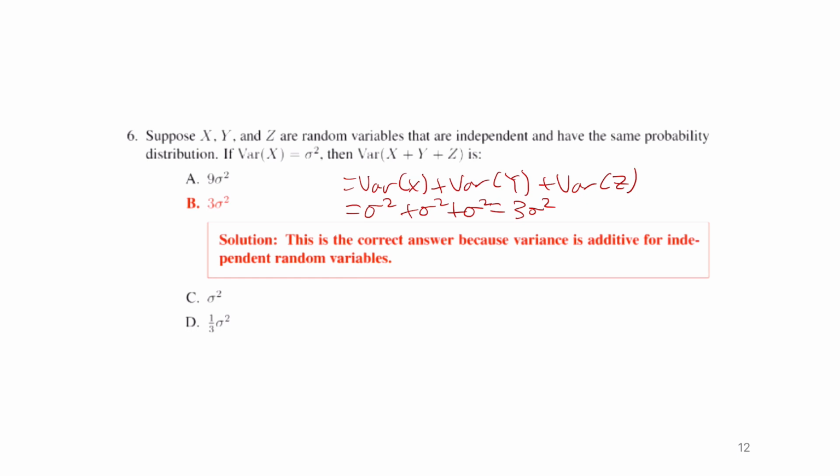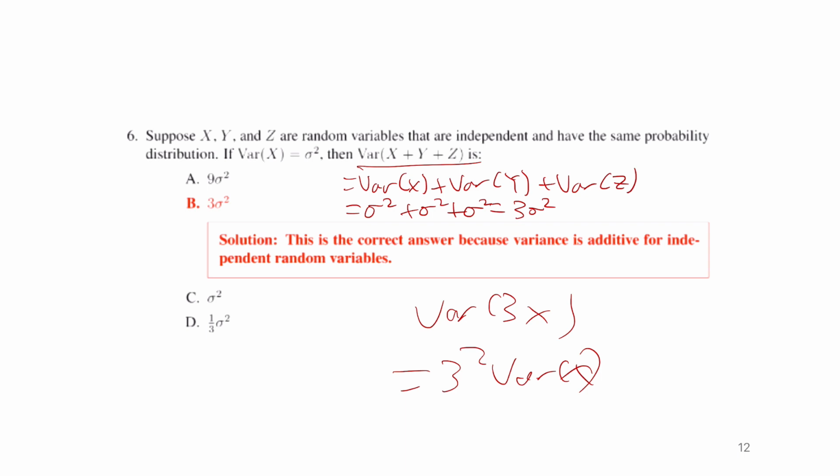Yeah, so in this scenario, we're not multiplying by a constant because we're just saying that these separate into 3 different variances. If you had something like the variance of 3x, then you can say that's 3 squared times the variance of x. But we don't know y and z, they're not the same random variable as x, so you can't say that this is the variance of 3x.